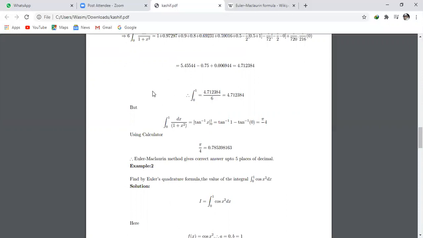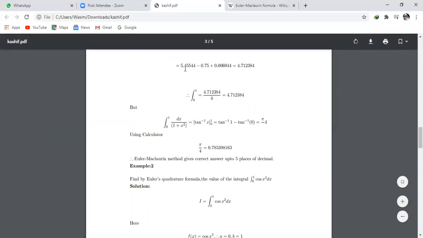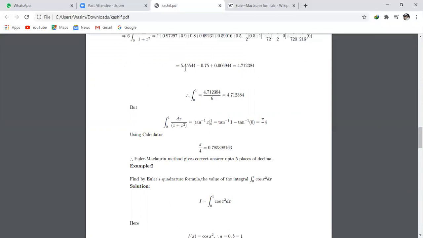Here we are not using the upper and lower approach for the integration. The integral of 1 over 1 plus x square is tan inverse x. We apply the limits 0 to 1: tan inverse 1 minus tan inverse 0, which is equal to pi by 4. Sorry, there were minor mistakes here.